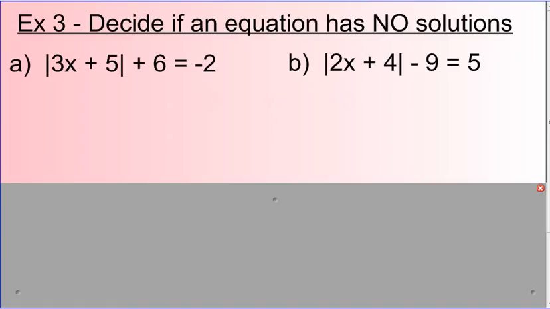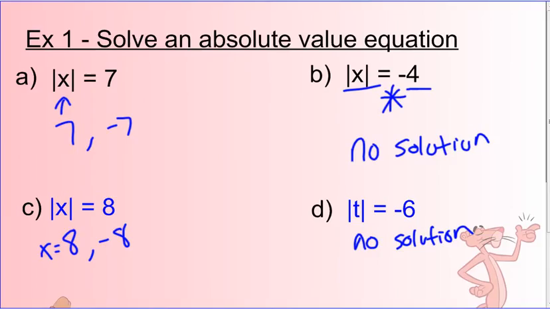Next, we have to decide if an equation has no solutions. Now you got to think, when would an equation have no solution? The only times we've seen today when a problem had no solution was at the very beginning, when we had the absolute value equal to a negative.